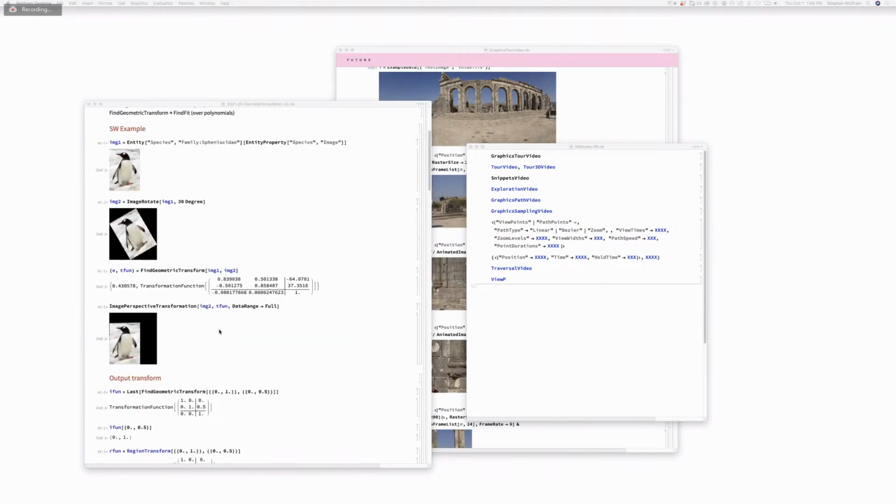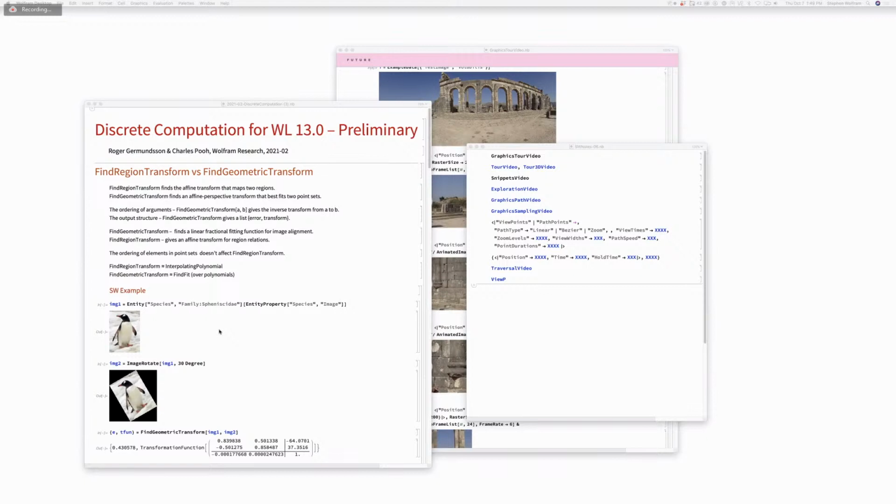Okay, so the issue is we've got this notion of find geometric transform, and we've got this idea of find region transform, which is similar but different, and some kind of inverse and some kind of different return structure and so on, right? So if you read slowly through there, and Charles can talk to it, we can talk through every piece of how they're similar, how they're different.